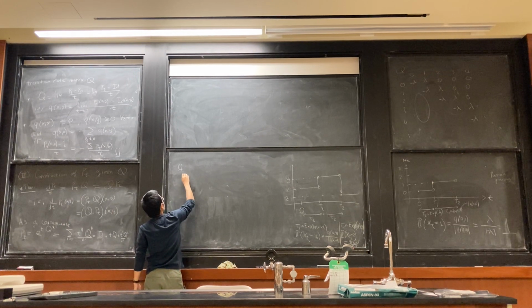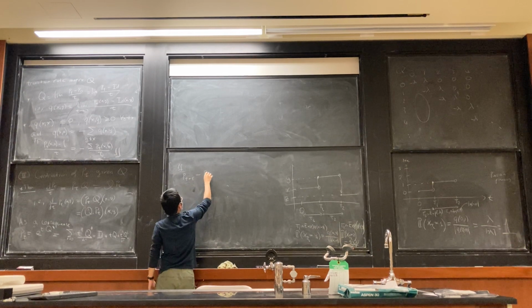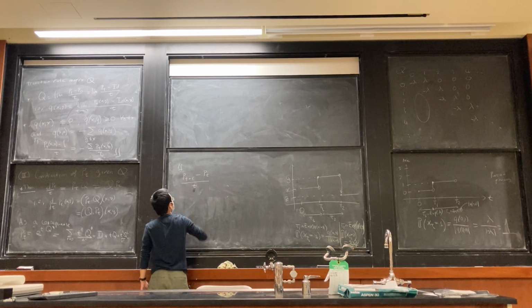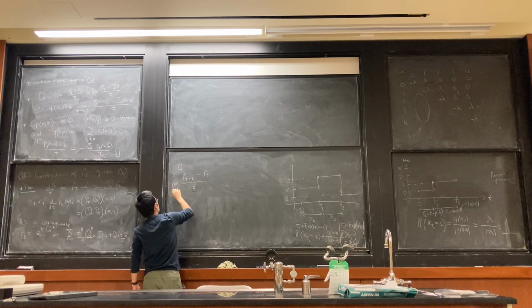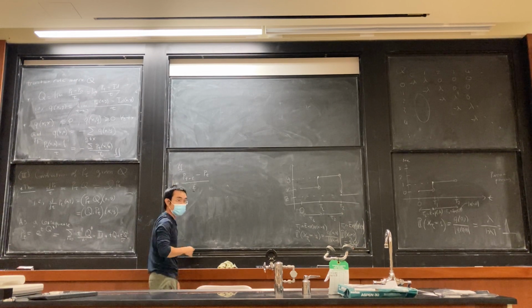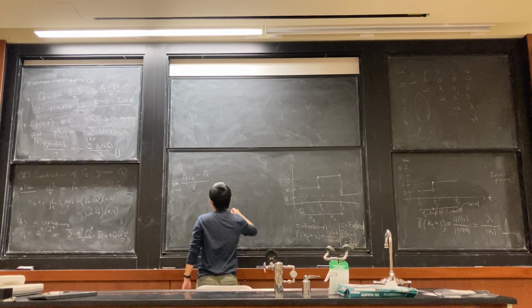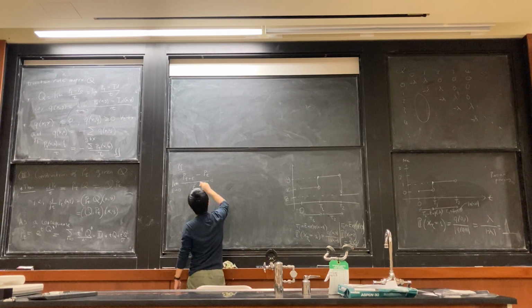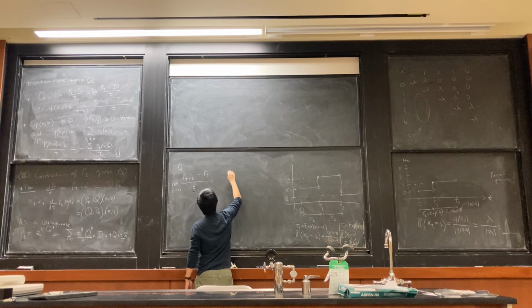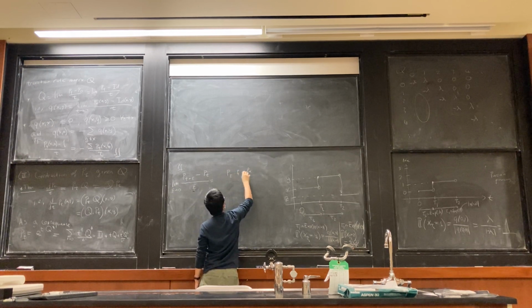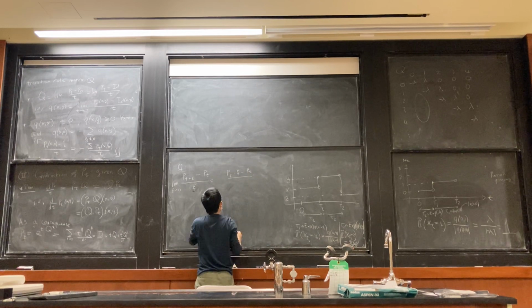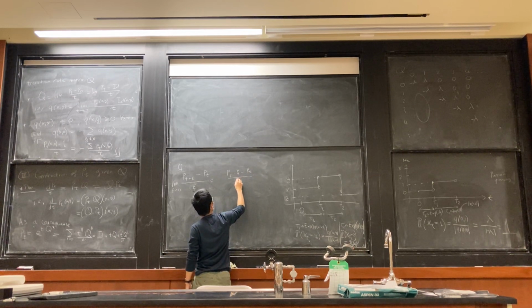So I have P_{t+epsilon} minus P_t over epsilon, limit as epsilon goes to 0, entrywise. By Chapman-Kolmogorov, this is the same as P_t times P_epsilon minus P_t over epsilon.